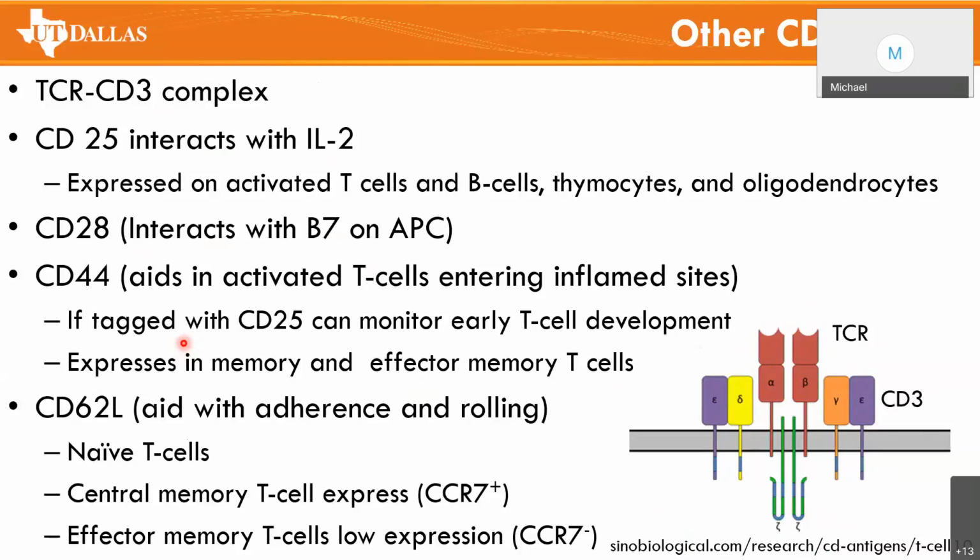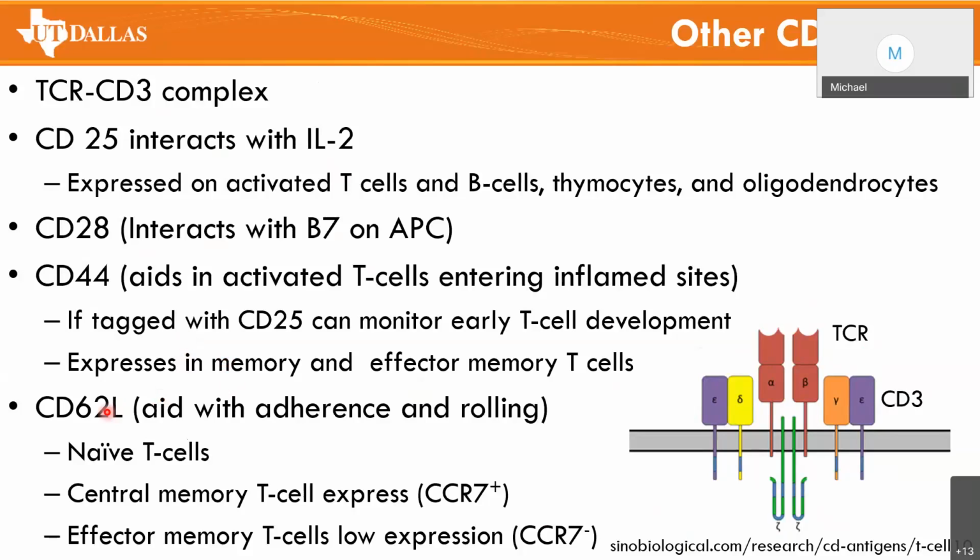This is the only time when T cells are CD8 and CD4 positive. Once it leaves the thymus, it becomes CD4 positive, CD25 negative, CD44 negative, and CD62L positive. So this is how you can track your T cell through every process of the thymus.